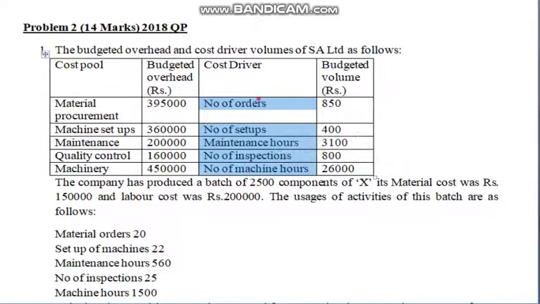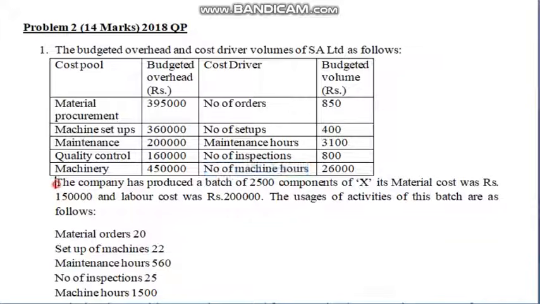So material procurement is based on the number of material orders, machine setups on the number of setups, maintenance cost on the number of maintenance hours, quality control on the number of inspections, and machinery cost on the total number of machine hours. So the data is given as follows.